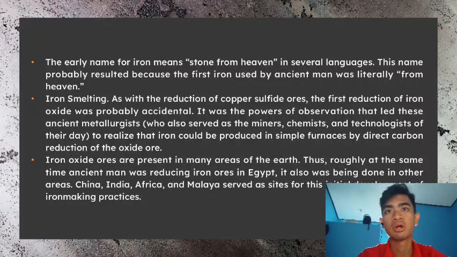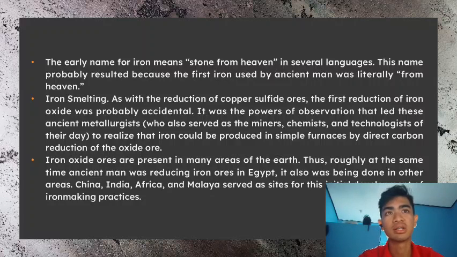It was the power of observation that led these ancient metallurgists, who also served as the miners, chemists, and technologists of the day, to realize that the iron could be produced in a simple furnace by direct carbon reduction of the oxide ores.